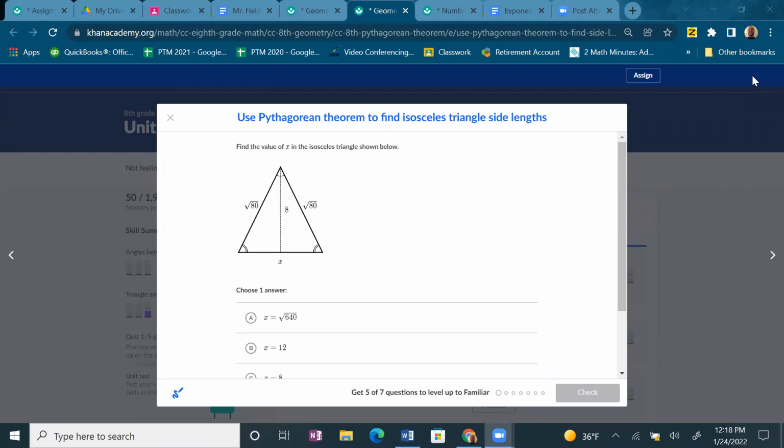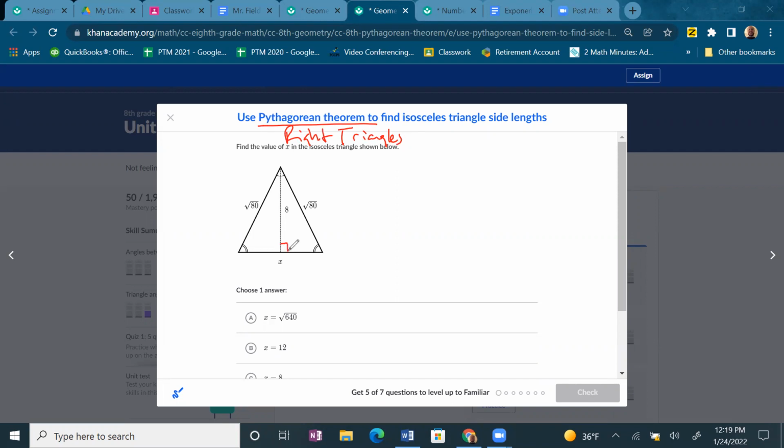All right, now this one is an isosceles triangle. That's crazy. We just did the angles and isosceles came after the angles. The thing about the Pythagorean theorem is it works in right triangles, so we need to find the right angle. That is right here.